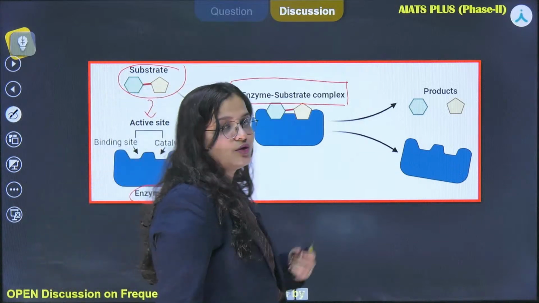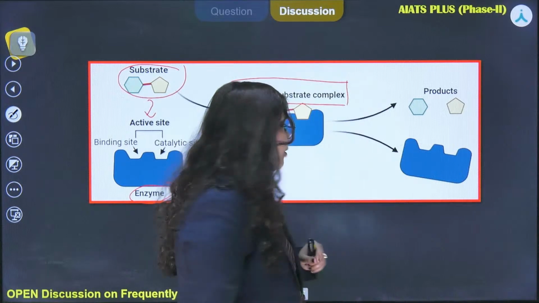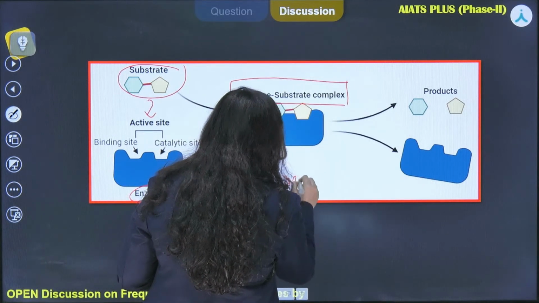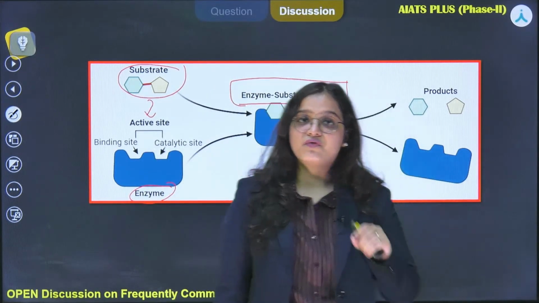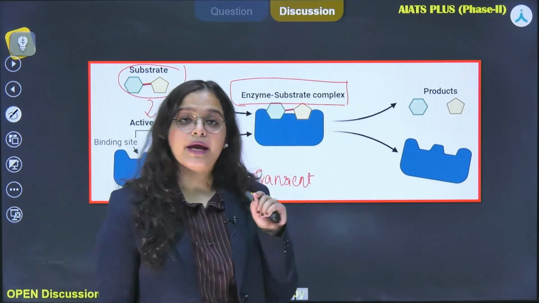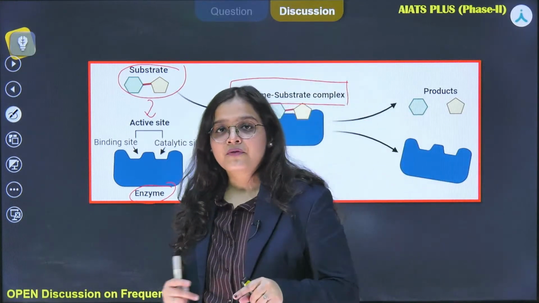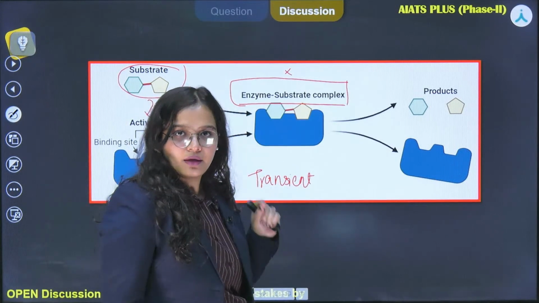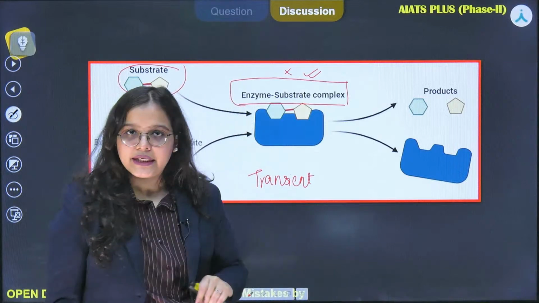The formation of the enzyme substrate complex is a transient phenomenon, which means it is temporary, but it is very important. It is a mandatory step, which means that there will be no reaction where there is no formation of enzyme substrate complex.